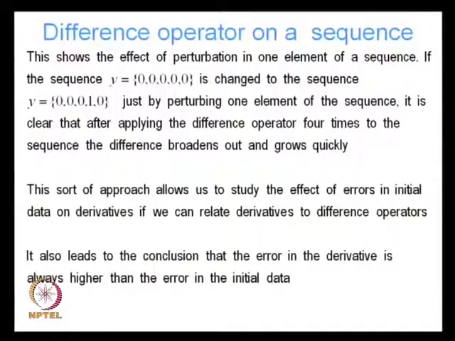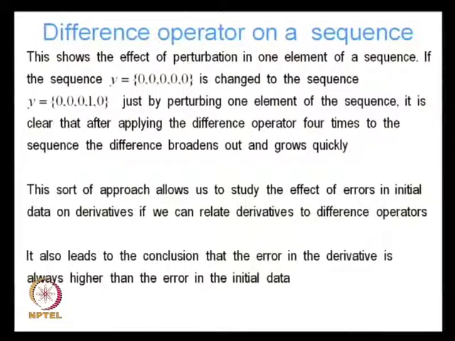This exactly shows why, because repeated operations of the difference operator always scale and magnify the error. So this sort of approach allows us to study the effect of errors in initial data on derivatives if, and there is a big if here, we can relate the derivatives to the difference operators.